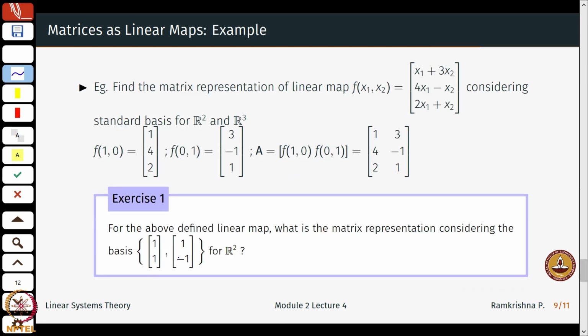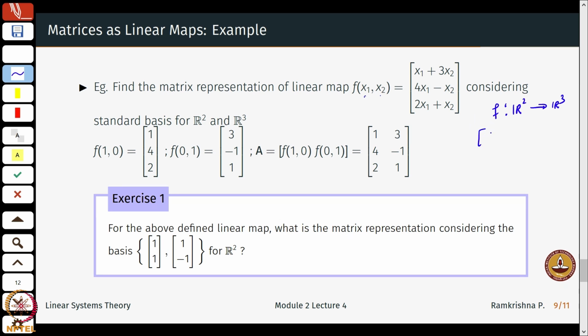Okay. So, some real simple examples here. I have a linear map f of x1, x2. This is like a map from R2 to R3, and I want to find out how the standard basis in R2 transforms under this f. Okay. So, what are the standard bases in R2?